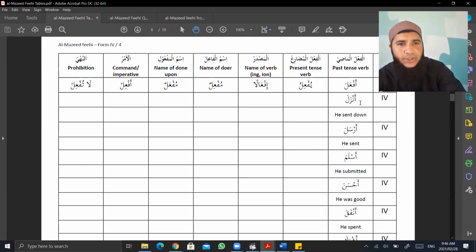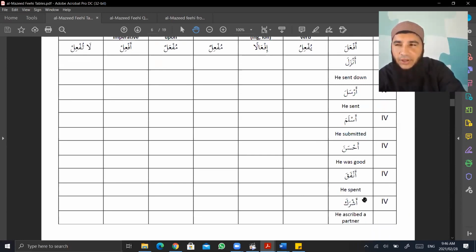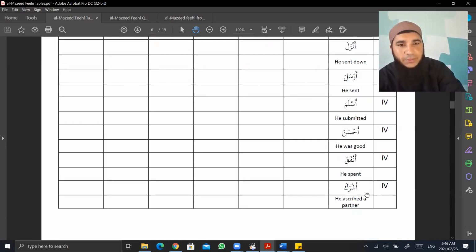We can look at that in the meanings of anzala, arsala, not so much aslama, ahsana, anfaqa, not so much ashraka. You find that meaning of causation in all of them.